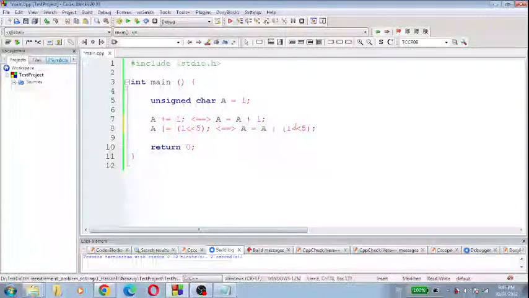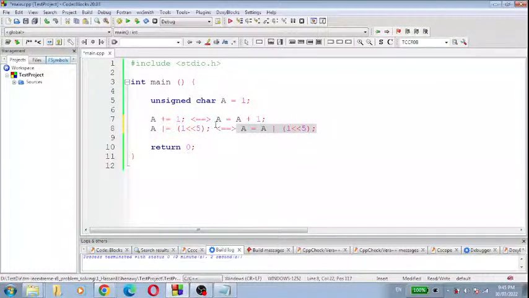You see, these both are equivalent notations, equivalent syntax. The operator followed by equals means that you write the same variable with your operator. So they are the same.